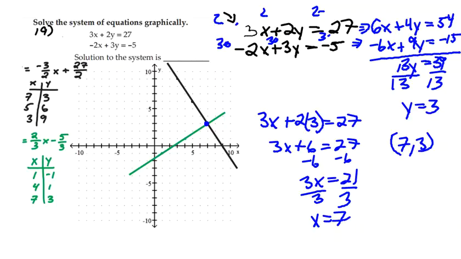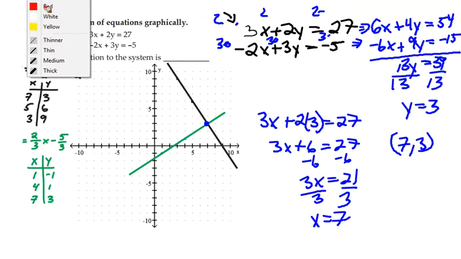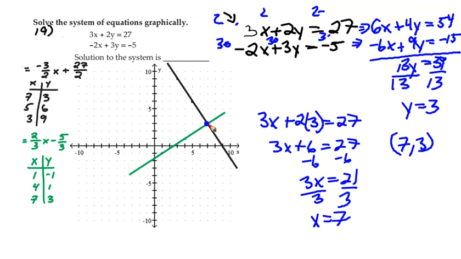So in that first one there, I've got a negative 3 over 2. Well, that says I go down 3, 1, 2, 3, and over 1, 2. So it gives me a point. Down 3, and over 2, and that gives me another point. And I can actually use those to build a t-table.